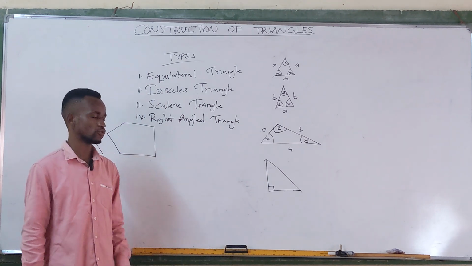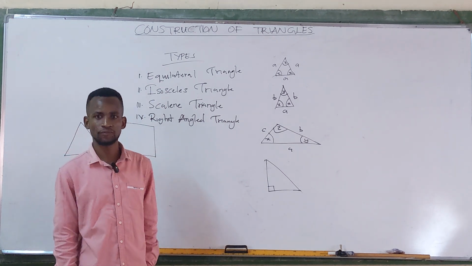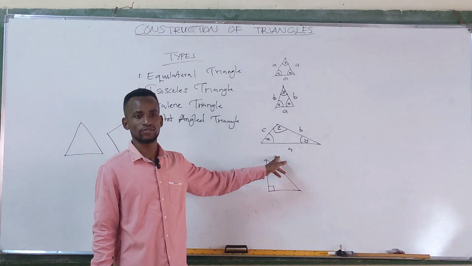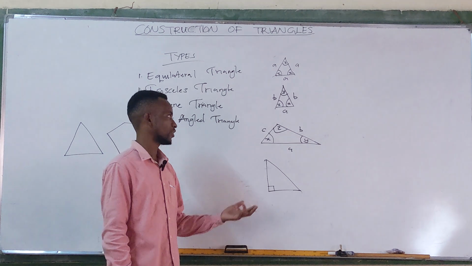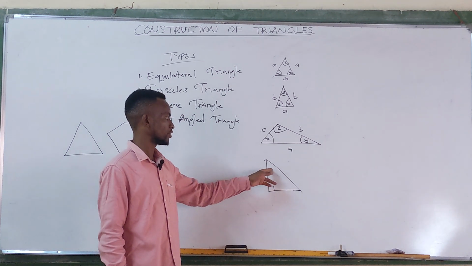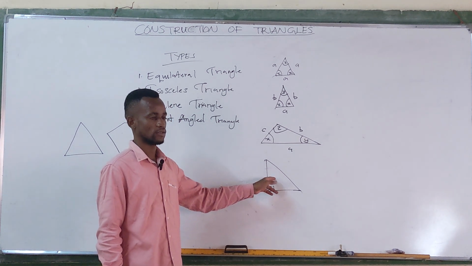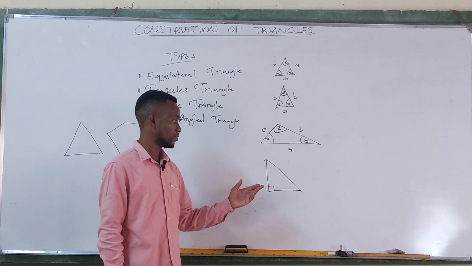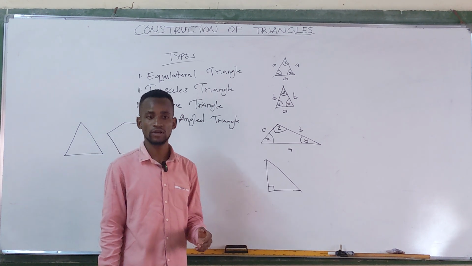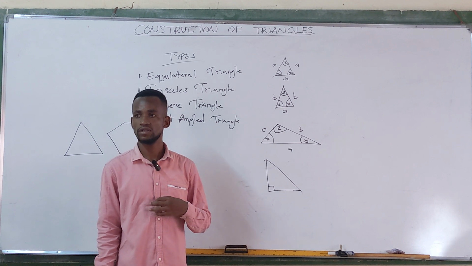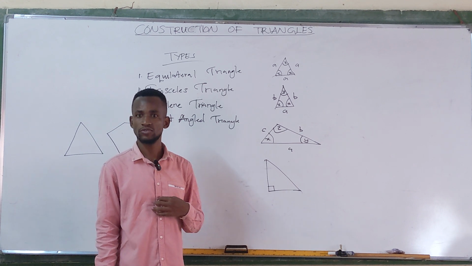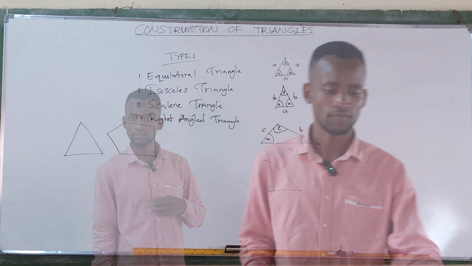Okay, so it's worth noting that a right-angled triangle can be a scalene triangle. If you look at this, it can be a scalene triangle. For example, when you consider a 30-60 set square, you've seen the 30-60 set square. Do you know what a 30-60 set square is?